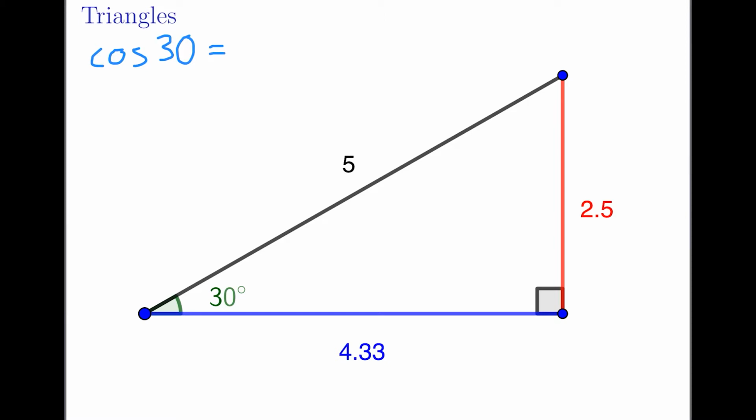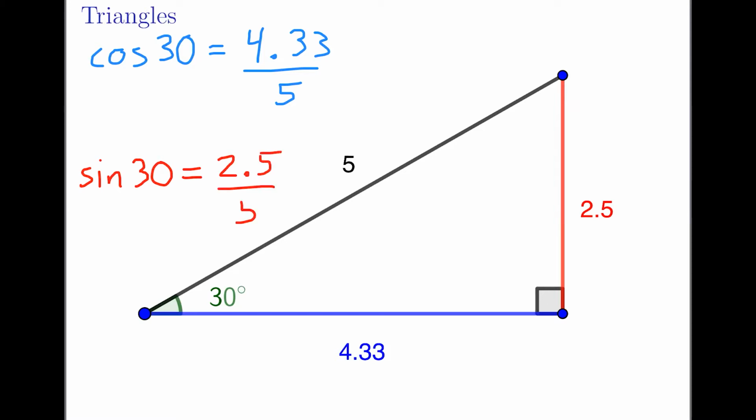So that's going to be 4.33 divided by 5. And similarly, the sine of 30 degrees is the length of the opposite side divided by the hypotenuse. That's going to be 2.5 divided by 5.